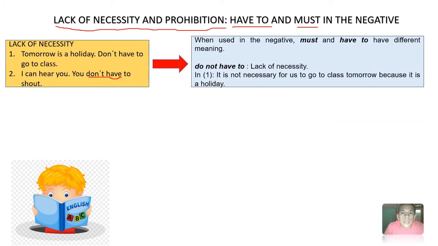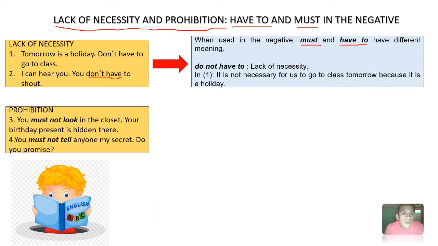When you use the negative, must and have to have different meanings. Do not have to equals lack of necessity. In exercise 1, it is not necessary for us to go to class tomorrow because it is a holiday. This is a simple way to explain this.